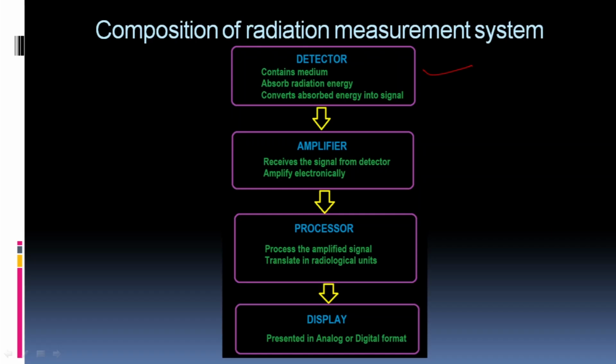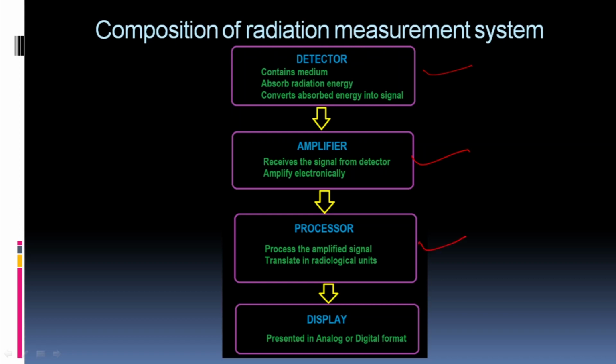Next, the radiation energy effects may be very small, so we need to amplify this signal electronically. So there is a need for an amplifier to amplify the original signal received from the detector. The next part is the processor, where the amplified signal is processed and translated into radiological units.